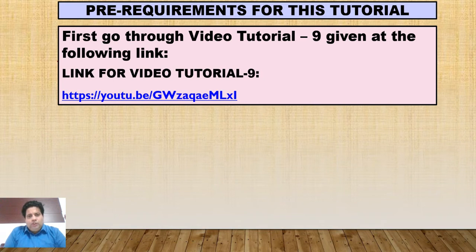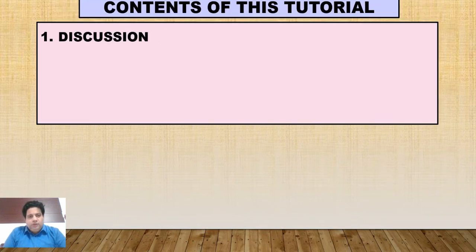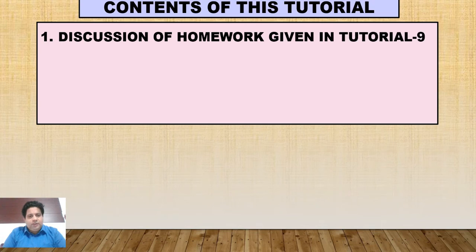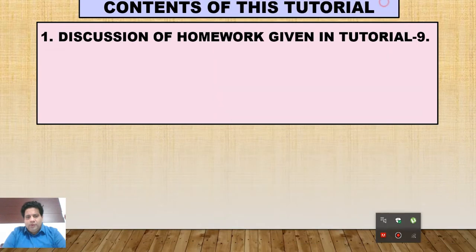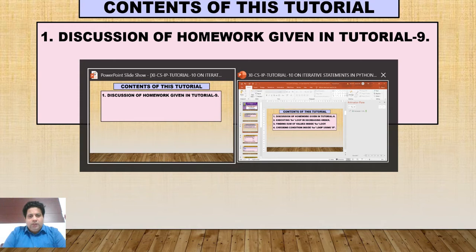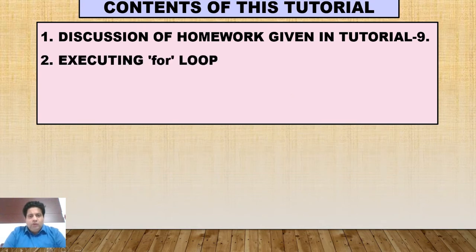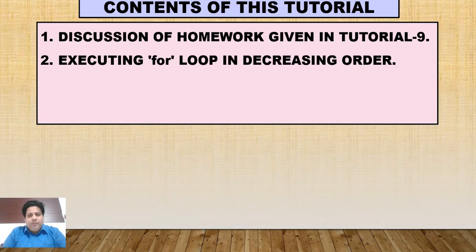Now the contents of this tutorial. First of all, we will discuss the homework given in tutorial 9. Then we will discuss how we can execute a for loop in decreasing order.